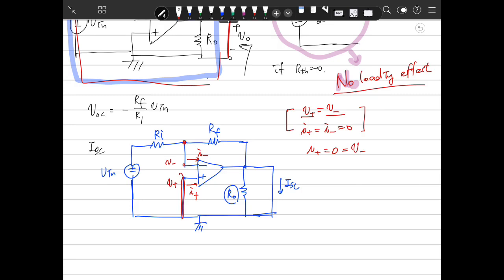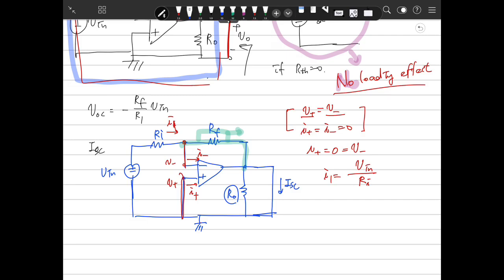Therefore, V negative is 0. So this current I1 is V in over R1. Then based on these relationships, we can check the current over here.